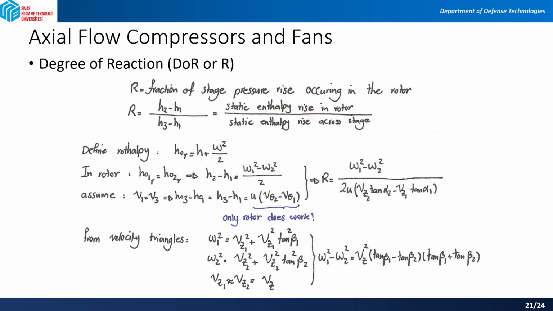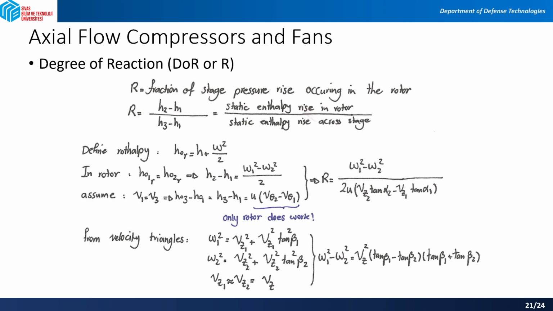1, 2, 3 is actually the entrance of the rotor, the exit of the rotor, which is the entrance of the stator, and the exit of the stator. Because the rotor is rotating, it's better to define rotalpy instead of enthalpy. Rotalpy is the enthalpy plus the kinetic energy of the relative velocity.